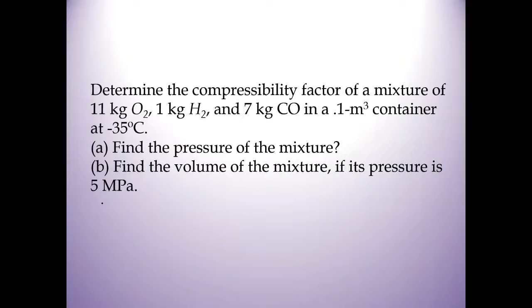And the mixture is at negative 35 degrees C. So determine the compressibility factor and then find the pressure of the mixture, and find the volume of the mixture if its pressure is 5 megapascals. I'm going to stop recording for now and give you guys a few minutes to work on this.